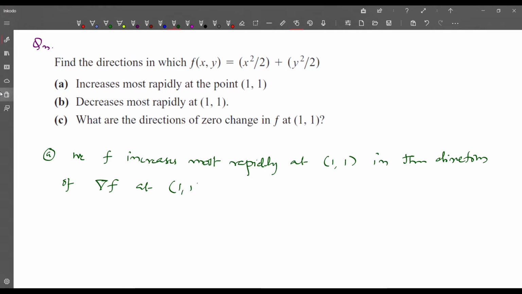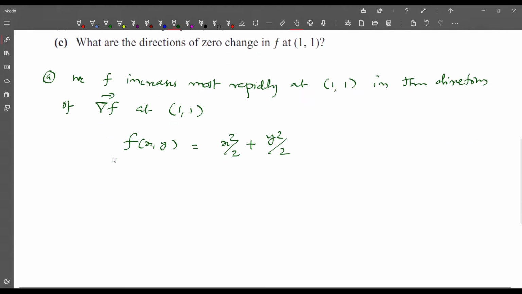So we have to find del f. So f of x y is x square by 2 plus y square by 2. We know del f is i dou f by dou x plus j dou f by dou y.